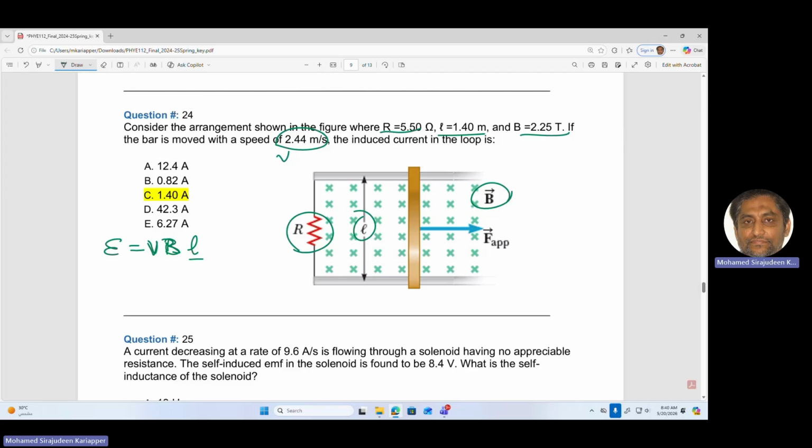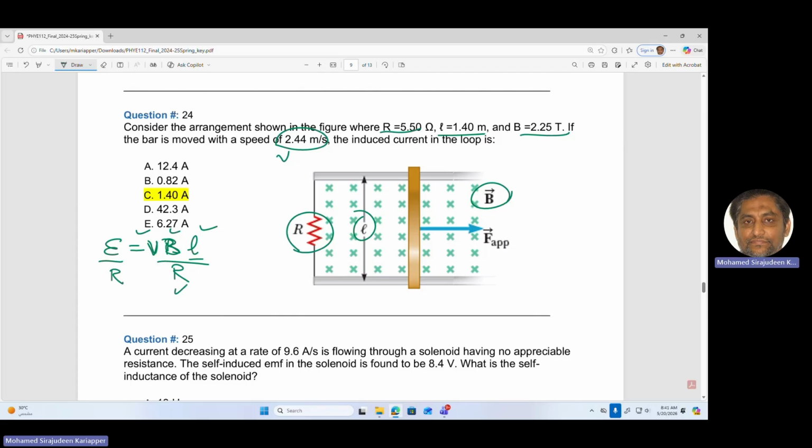So you need to know which equation to pick. This much EMF will be produced, but the question is to find the current. So you have to divide by the resistance, because it's like there is a battery here that will start sending a current. So the current will be the EMF of the battery divided by resistance. All you have to do is substitute. These are all given, and you'll get the answer.